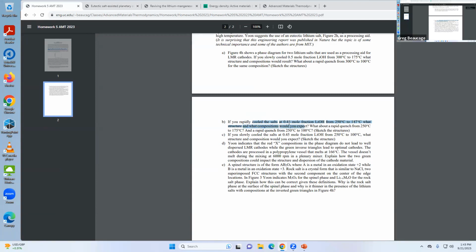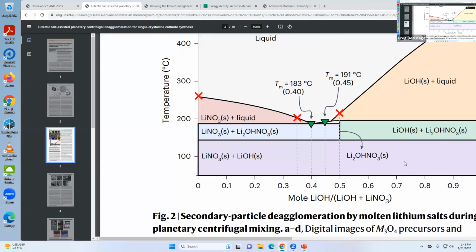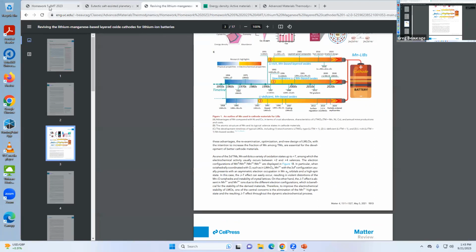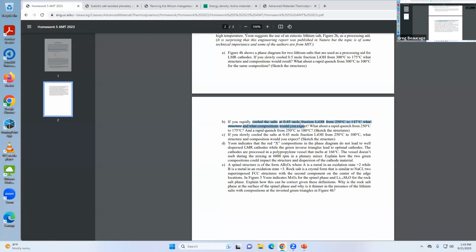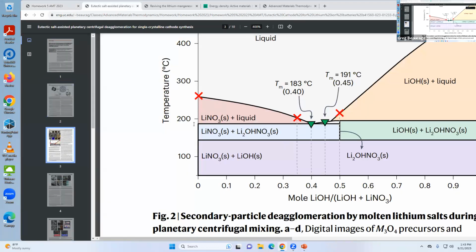Cooled salts that have 0.5 mole fraction LiOH. So that is at the green dot, right? 250 to 187, rapid cool. 187 is between 191 and 183, so 187 is within that little sliver here, which is the intermediate phase and the liquid.